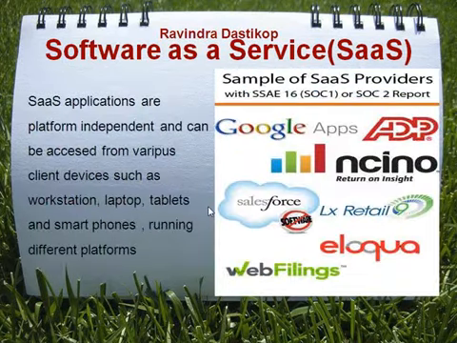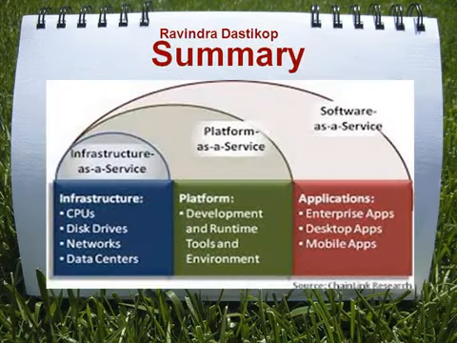Here are other service providers like Google Apps, for example Google Docs, Google Slides, and Google Spreadsheet. They can all be directly used by the user in cloud computing. And this is a summary. In infrastructure as a service, you get CPUs, disk drives, networks, and data centers.